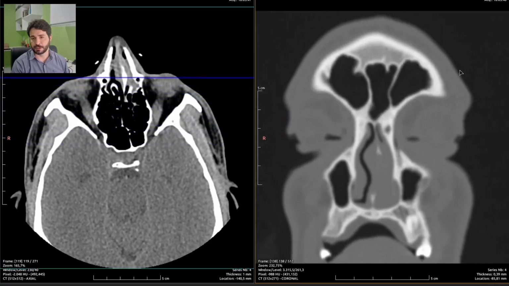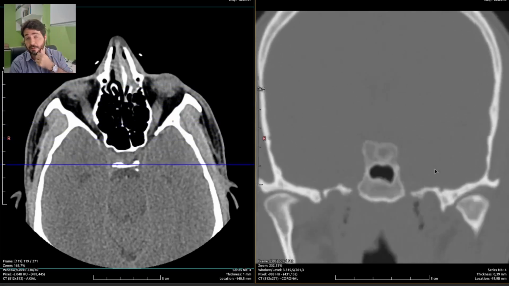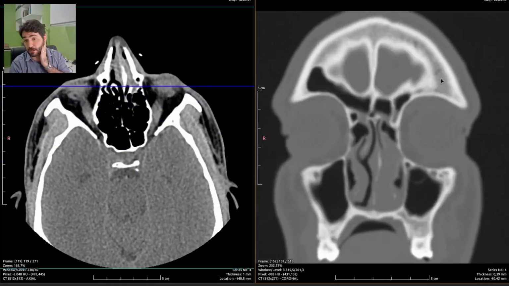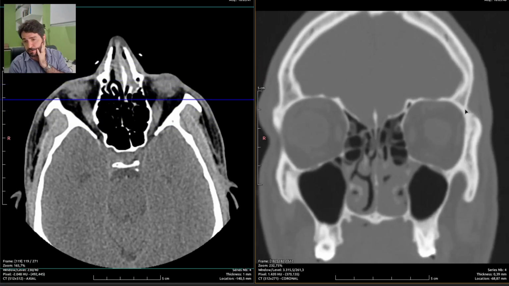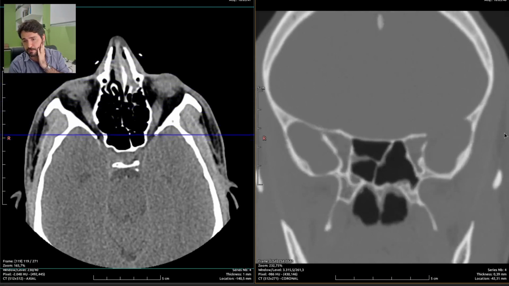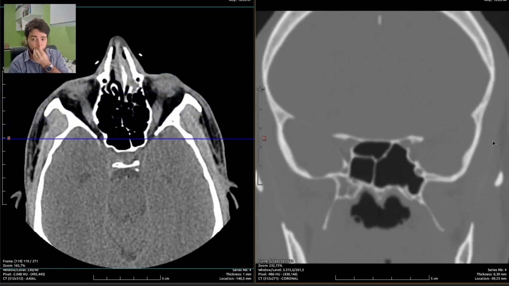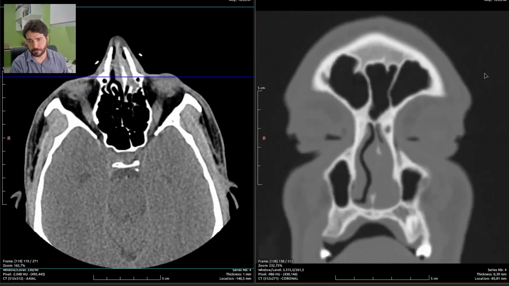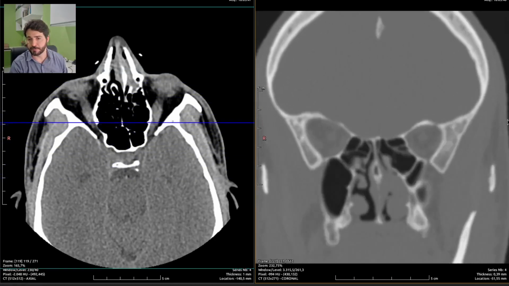In Portuguese, this is called cornetos bolhosos, and I can't really tell the name of it in English. I'm sorry. Also, the lower nasal turbines are enlarged, which is very common on sinusitis patients.